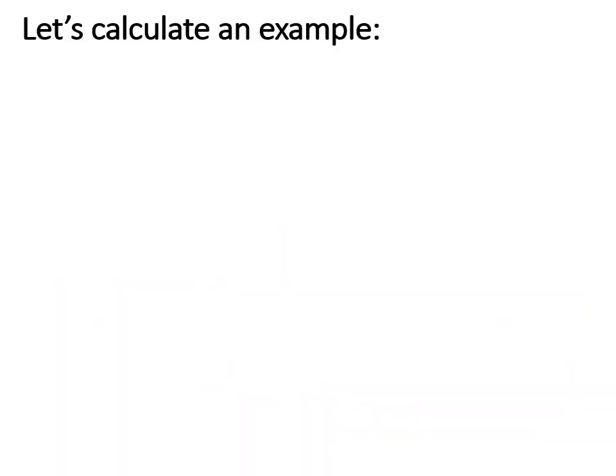So let's calculate an example. This first example we're going to do is the probability of finding 5 males and 2 females if 7 flies are born from a cross. Okay, so I'm going to write that here.